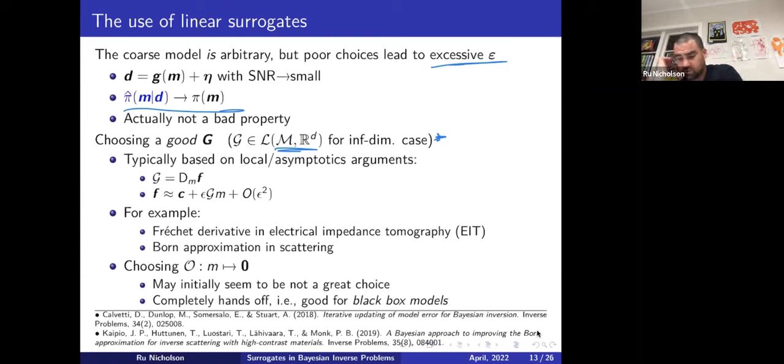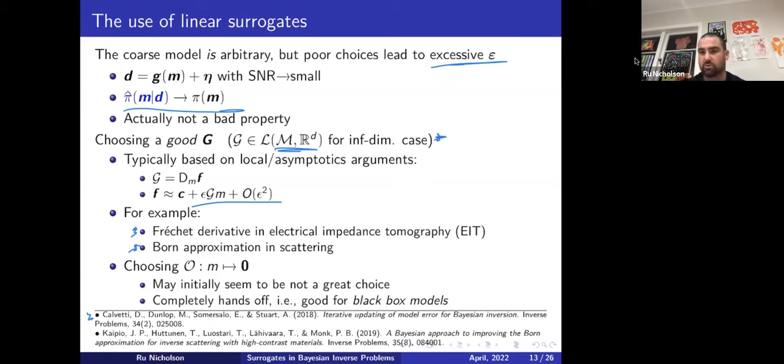Typically, as I've said, these are based on asymptotic arguments, such as a derivative or expansions about some point. For example, the Fréchet derivative in electrical impedance tomography, which was used in this paper, and also things such as the use of the Born approximation for scattering.